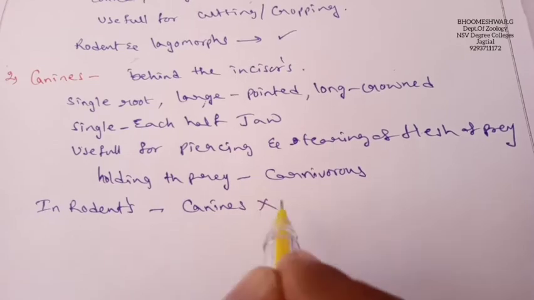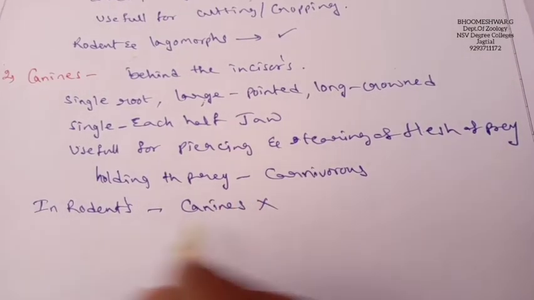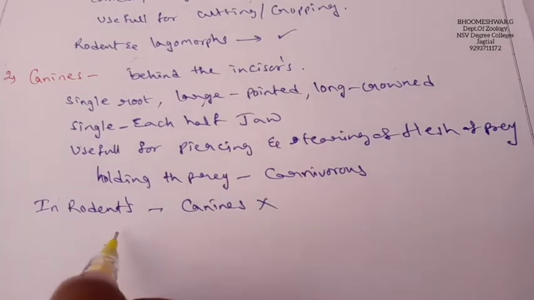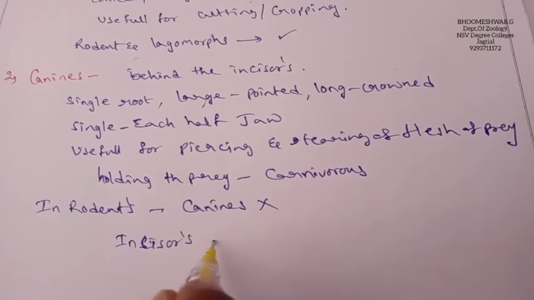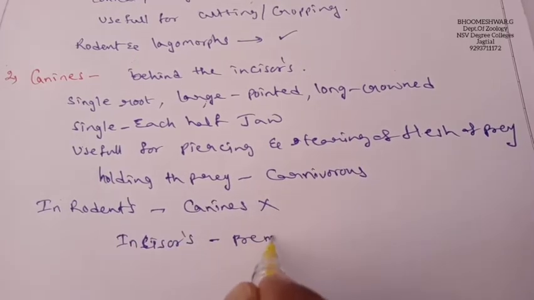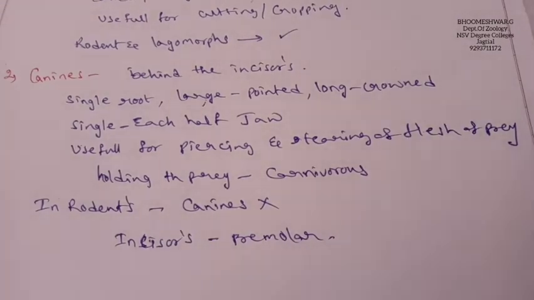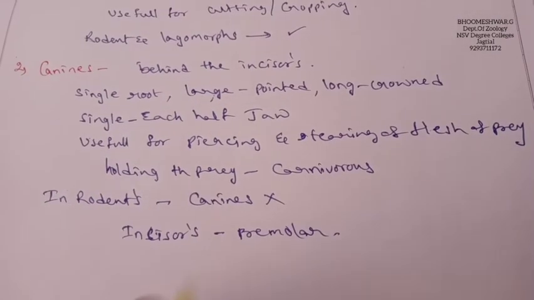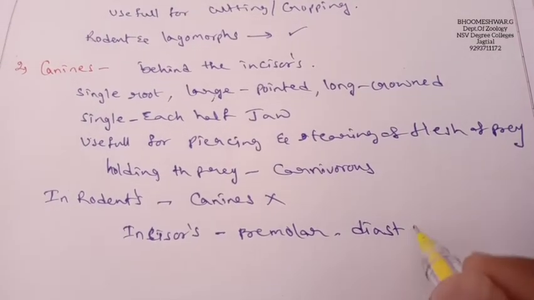Canines are completely absent, leaving a space, a gap between incisors and premolars. This gap is named diastema. So this common space is called diastema.